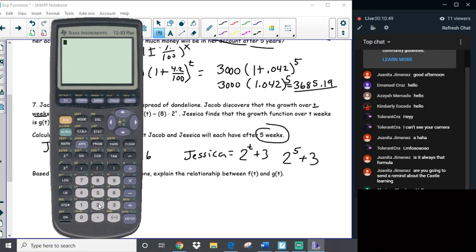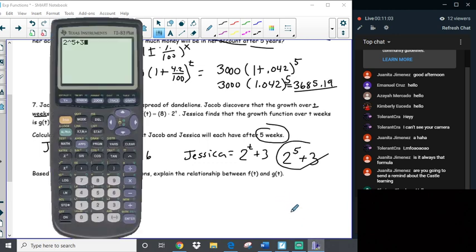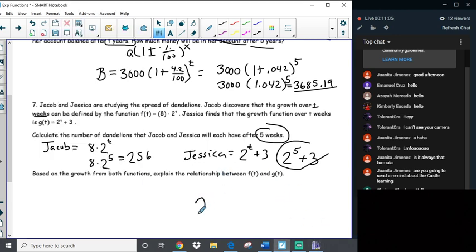If I wrote 2 to the 5th power plus 3, that is not what the calculator understands. What the calculator thinks you just told it was to do 2 to the 8th power. The calculator thinks do 5 plus 3, okay?